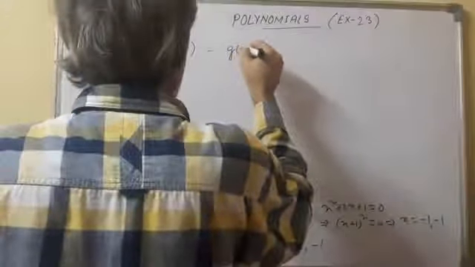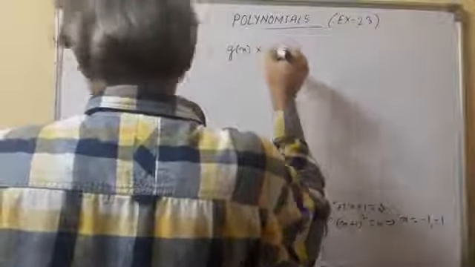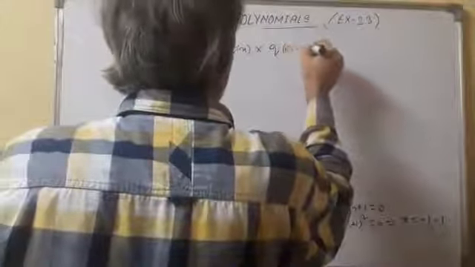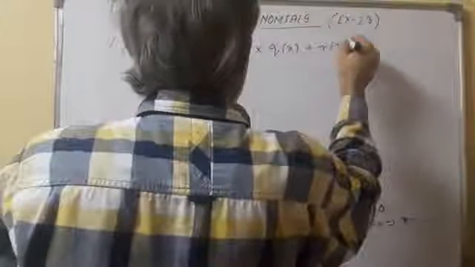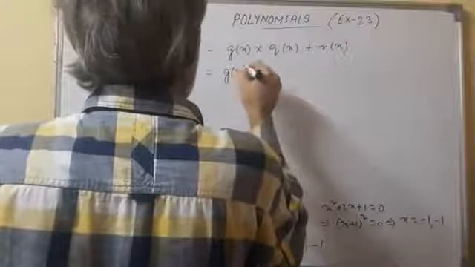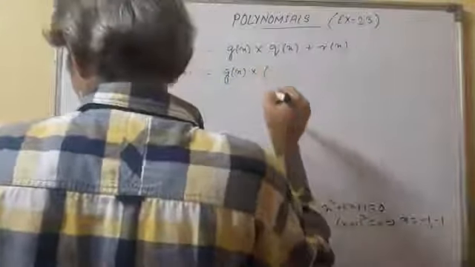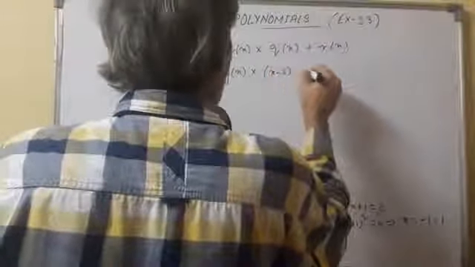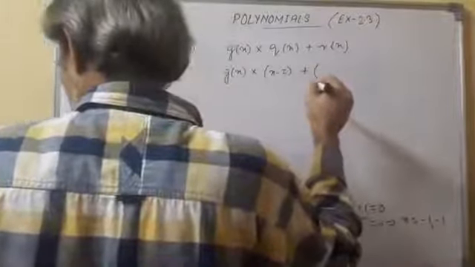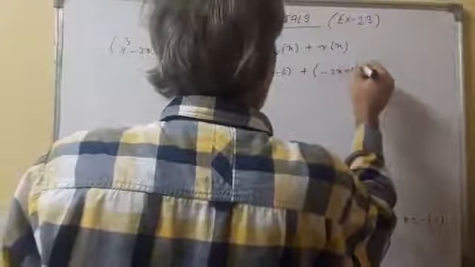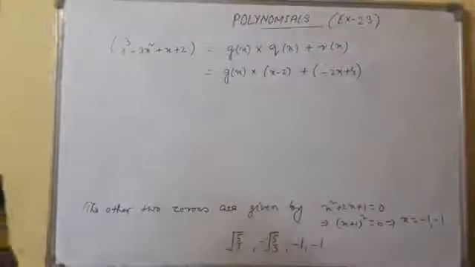Divisor is g(x) into quotient q(x). Quotient is given to be x - 2, and plus remainder. So since we are given the quotient, g(x) into quotient is (x - 2), plus remainder is -2x + 4, and we need to find g(x).